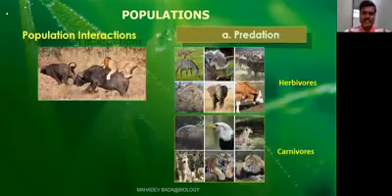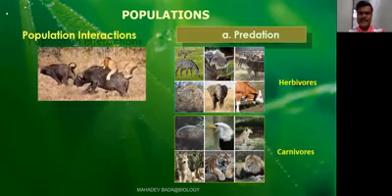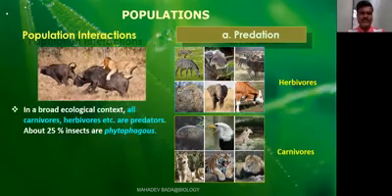One of the interactions that we see in nature is predation. In the diagram, you can see herbivores and carnivores. Both are predators. In a broad ecological context, all carnivores, herbivores, etc. are predators. About 25% of the insects are phytophagous.